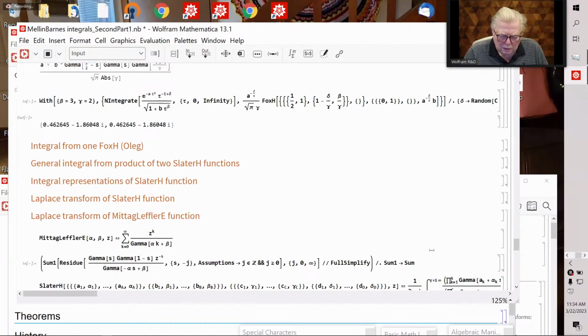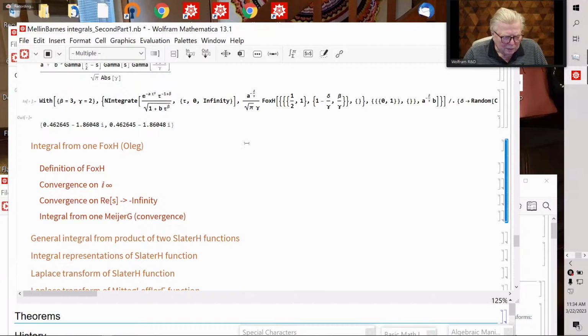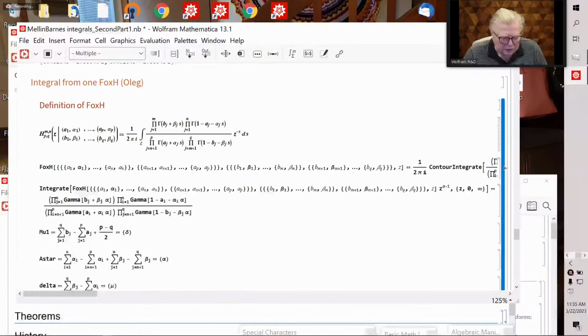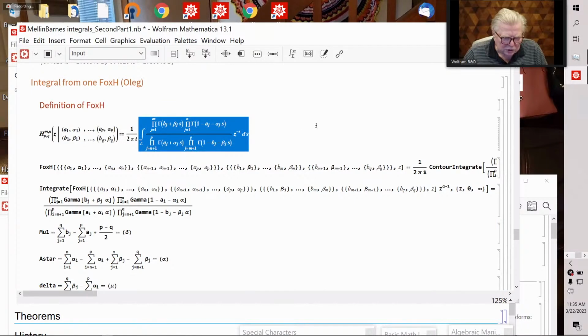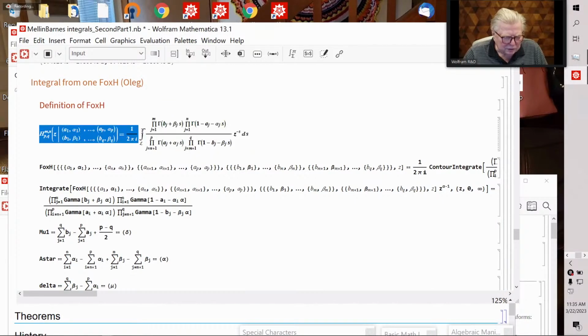Okay. One more example. We know that if we have, for example, gamma functions, we can make the inverse transform from the gamma function and get the original function, in this case, Fox H, which can be converted into a mere Slater H function.